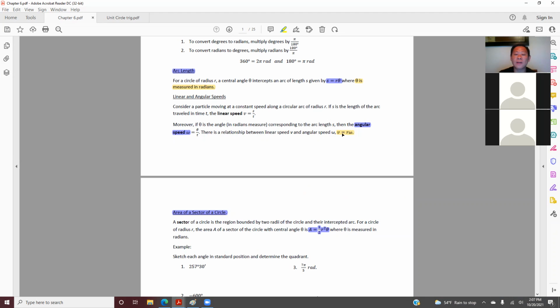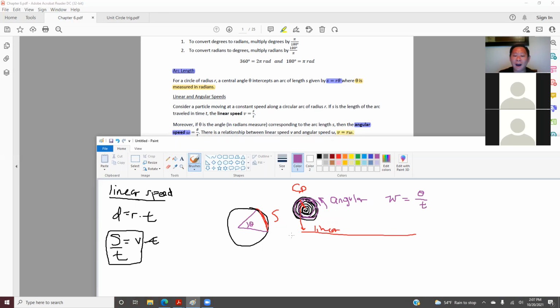It's going to give us V equals R times omega. V is the linear speed, R is the radius, and omega is the angular speed. So in order for us to figure out how fast you want to read this track, it is based on two things: the radius of the track, and the angular speed, like how many revolutions per minute your CD turns. Every track is at a different distance, a different radius of the disc.